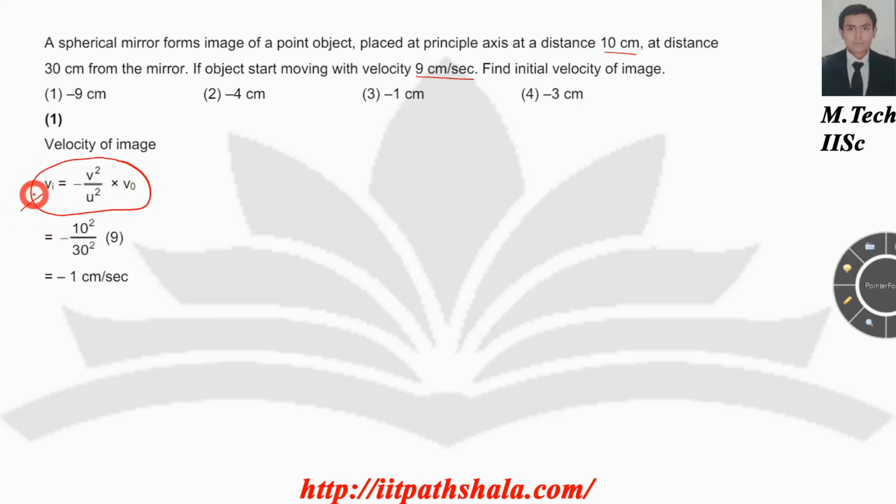You need the value of velocity of image, you have the velocity of object, you have the position of the image, you have the position of the object itself, which is 30, this is 10, and this v naught is 9 centimeter per second. So it is coming out to be minus 1 centimeter per second. So this is incorrect, minus 1 centimeter per second. So the third option is the correct option.